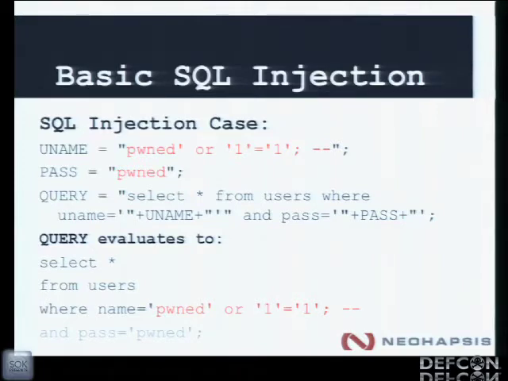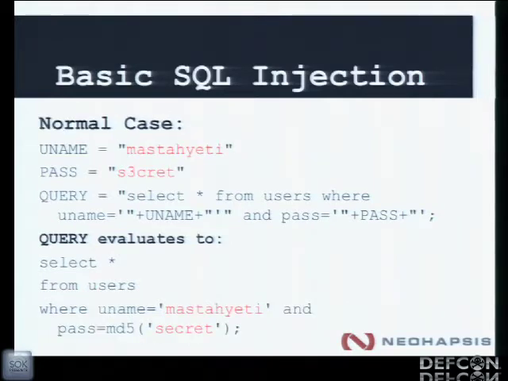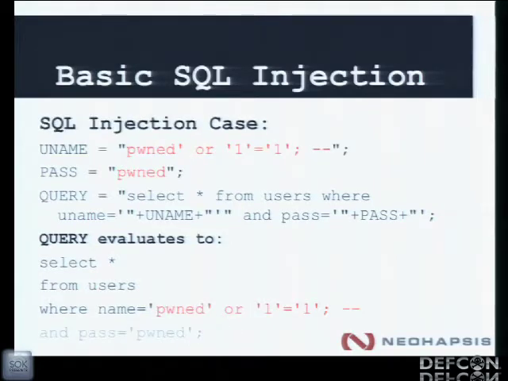There's a typo there. When you look down at how the query evaluates, you see that it basically breaks us out of the way the query looks. If we step back and look at how the query should look, inserting that tick symbol allows us to escape out of the query and basically say, well, if the username is pwned, or 1 equals 1. And since 1 equals 1 always evaluates to true, we basically get access to the system.